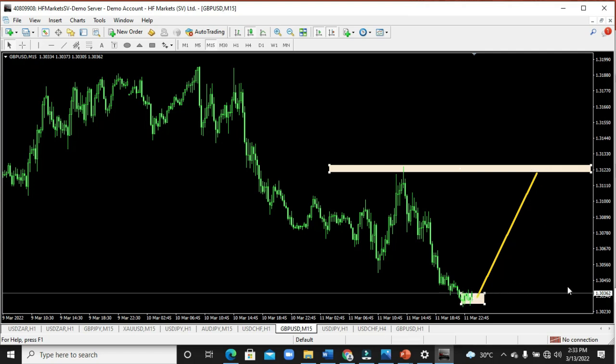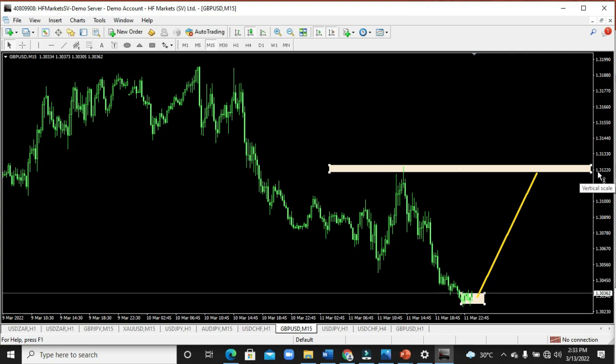We take our entrance, here is our entry point, which is 1.30362. So we take 1.30362 as our entrance. Then our exit is this particular point here, and we are taking 1.31220.